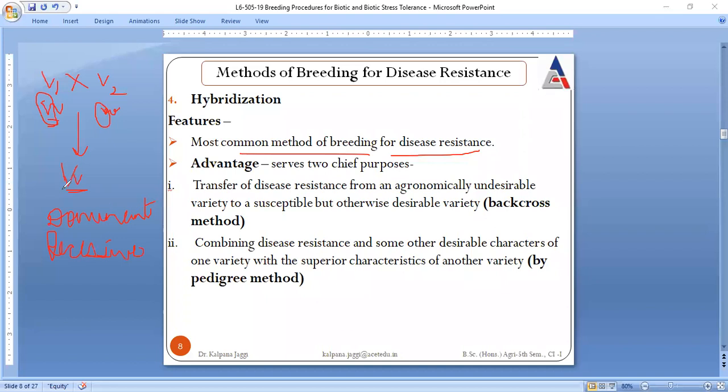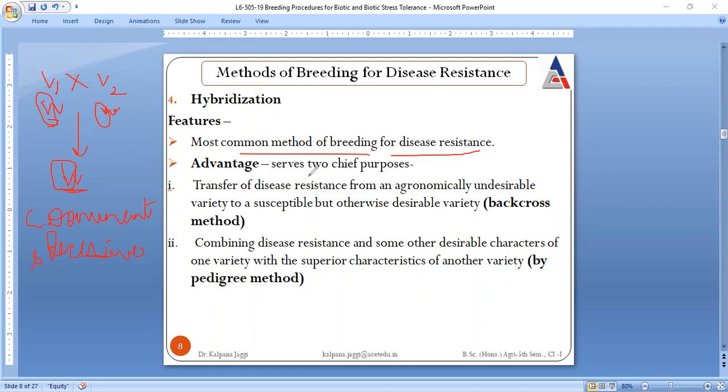So always the expression is given by the dominant gene. Dominant is the one that is represented by a capital letter, and recessive by a small letter. So this is the basic concept of hybridization before I go into it deeper, right?